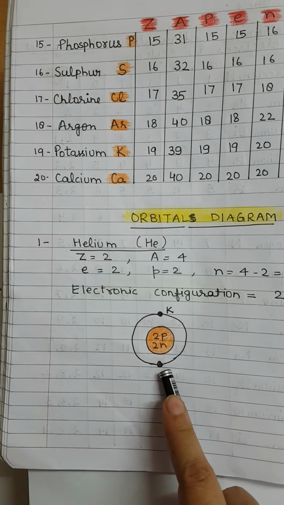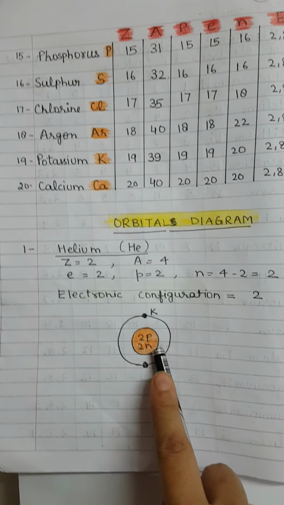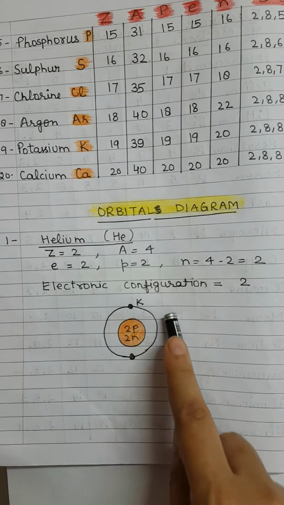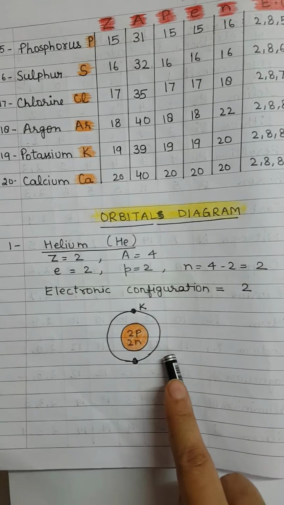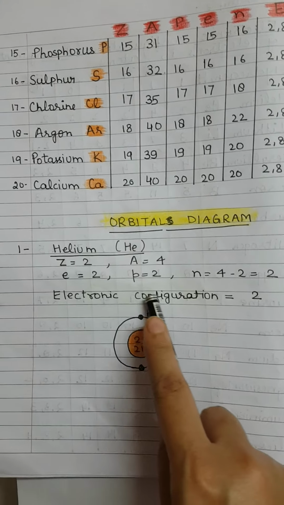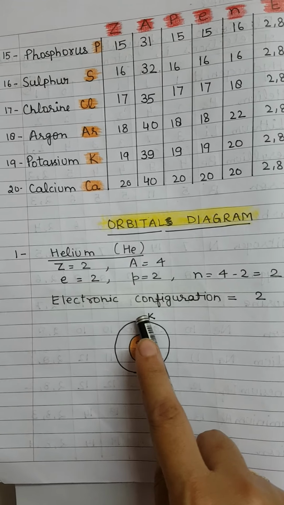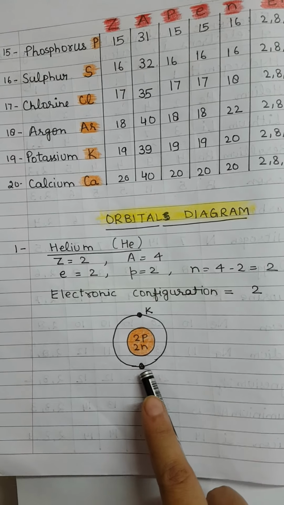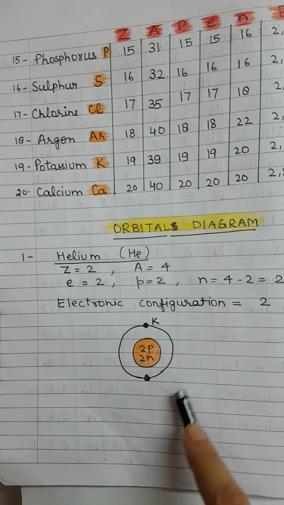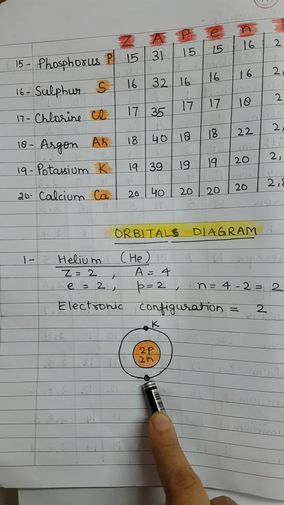Now how will you draw this orbital diagram? In between, the nucleus is present and in the nucleus 2 protons and 2 neutrons are present. Outside the nucleus only one shell is present because maximum electrons are 2. So I'll draw only one shell, that is the K shell, and these 2 dots indicate electrons. In the K shell, how many electrons are present? 2.